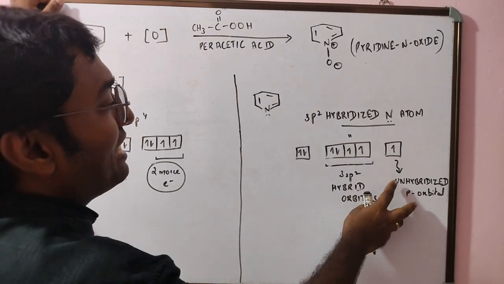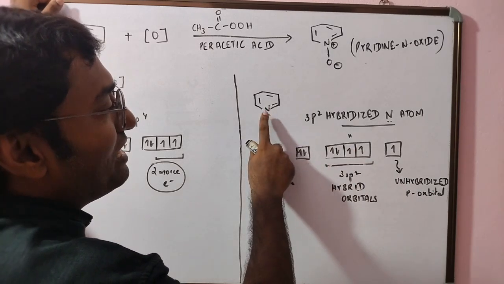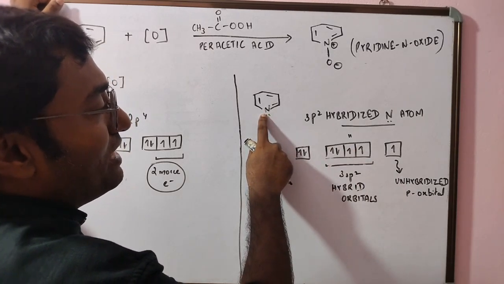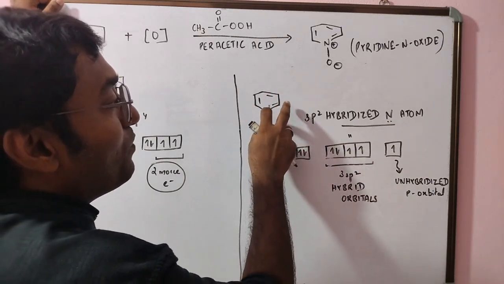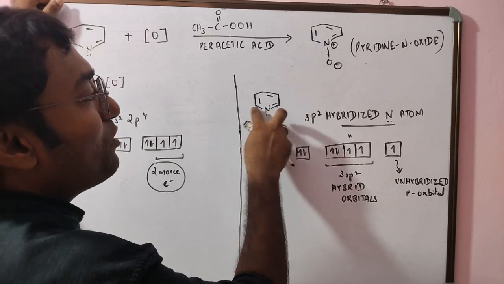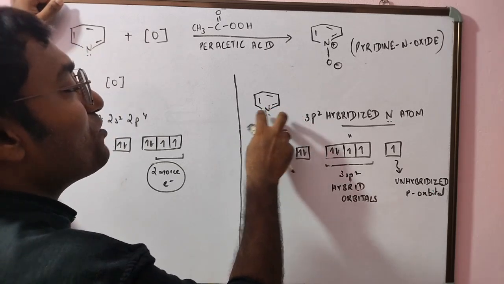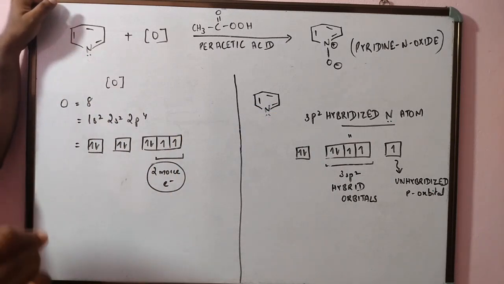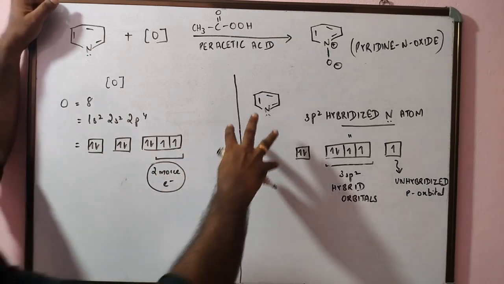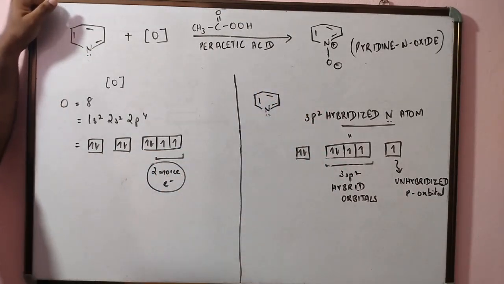Yes, there is an unhybridized p orbital in the nitrogen atom, and this is free to show lateral overlap with the unhybridized pz orbitals of carbon atoms on either side, thus forming the pi bond and thus forming a part of delocalization.